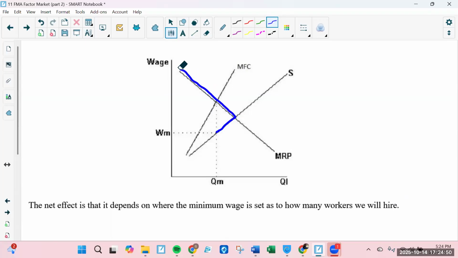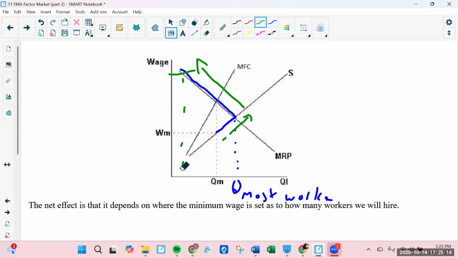Wherever that minimum wage hits, that's where it is. So if the goal of the government here is to get the most workers hired, they should put the minimum wage right there. Because if they put the minimum wage higher than that, then the firm just follows this way and then it goes back this way. If they put it high enough, you can actually have a lot of people who will lose their jobs, right?